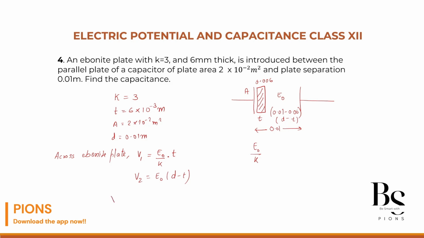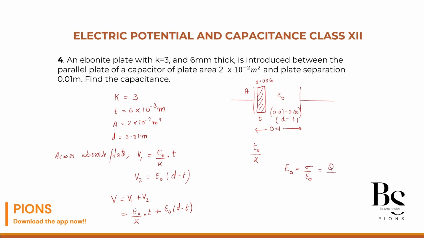What will be the net potential? The total potential will be V, which is equal to V1 plus V2. V1 is E naught upon K into thickness T, plus E naught into D minus T. And what is the electric field between any parallel plate capacitor? Let me remind you, it is nothing but sigma by epsilon naught. What is sigma?